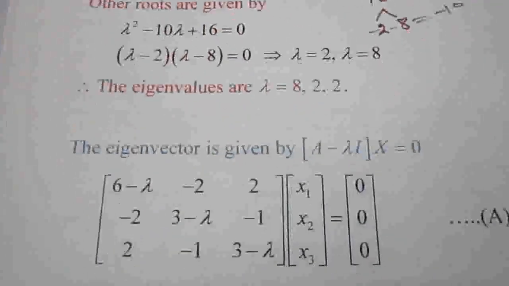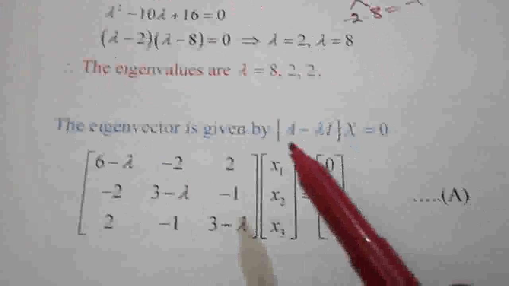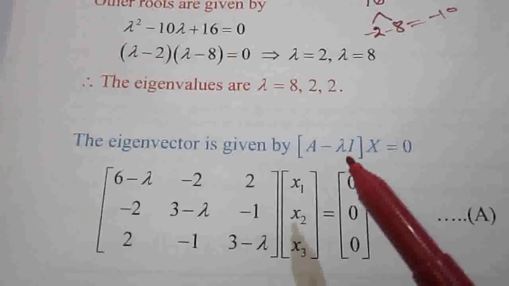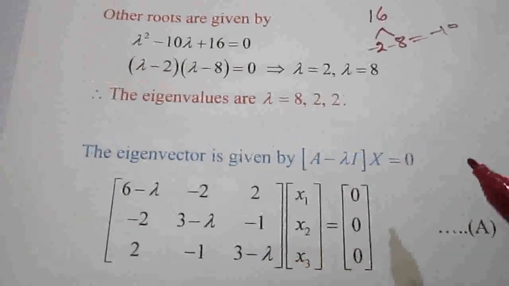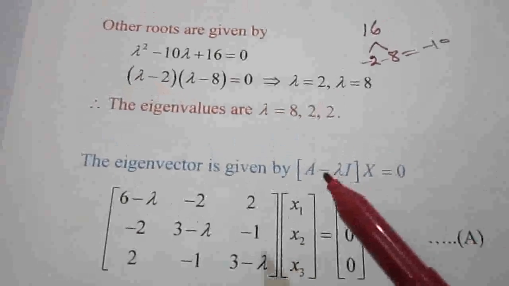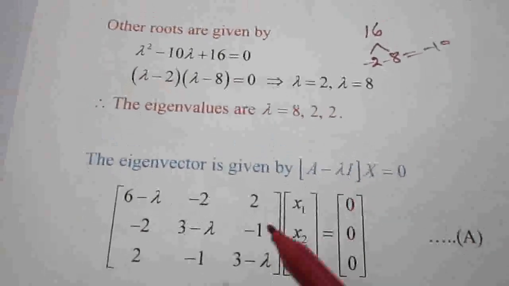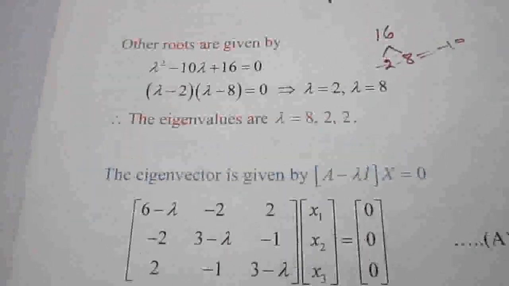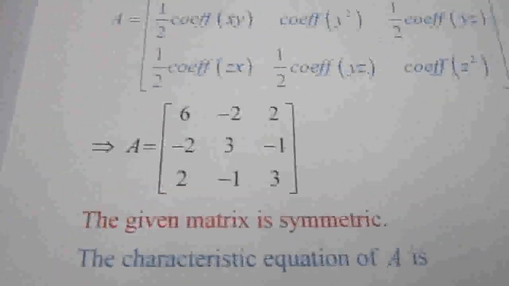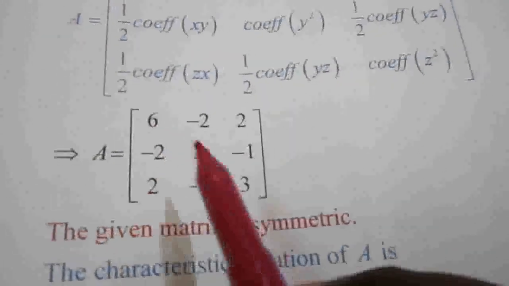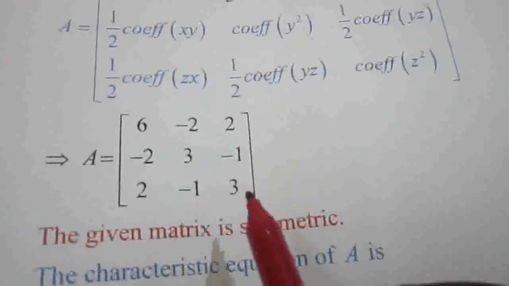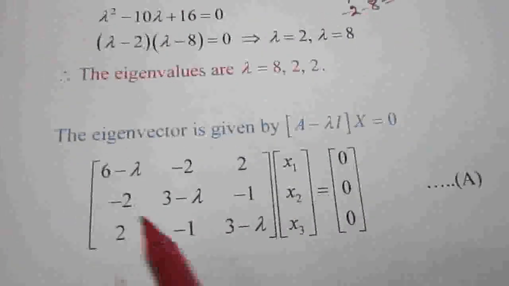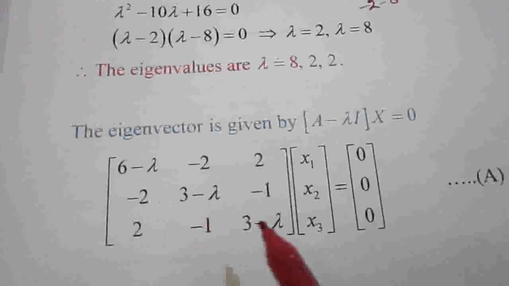The eigenvector is given by (A minus lambda I) into x equals 0. A minus lambda I means from A we subtract lambda in the diagonal only. Already we know matrix A, this is the matrix A. Here I just subtract lambda in the diagonal: 6 minus lambda, 3 minus lambda, 3 minus lambda.